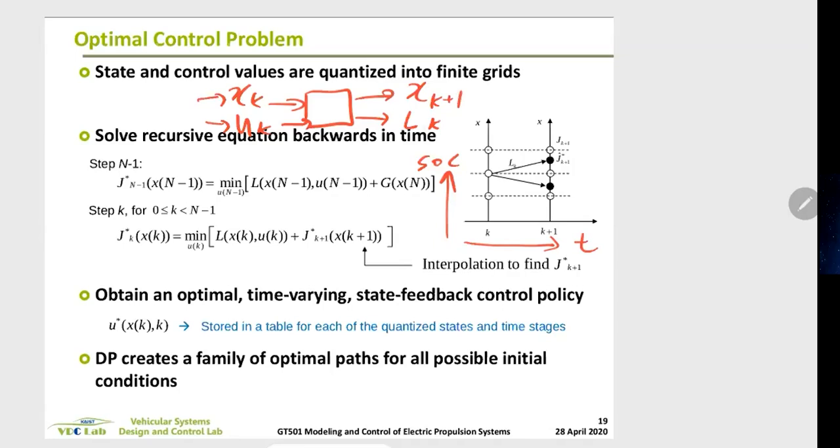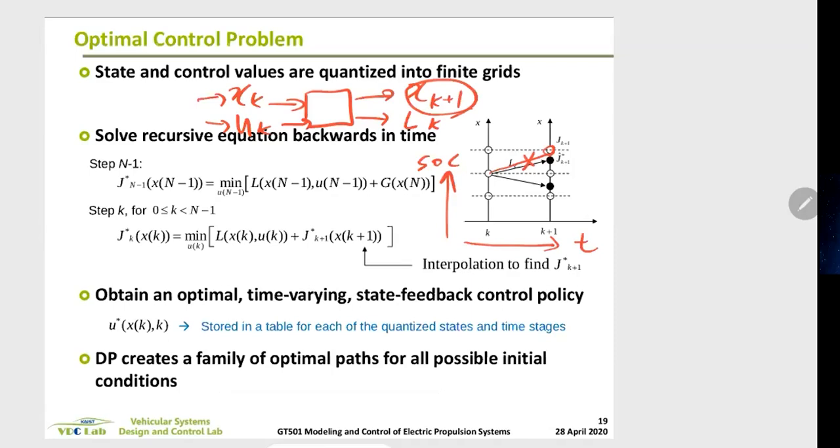But if you draw the DP problem using the model, then what's going to happen is that the k plus 1 will not be right on the states. Do you guys understand what this means?